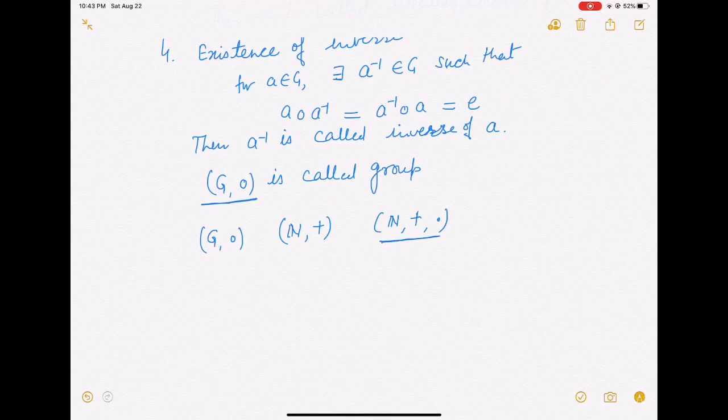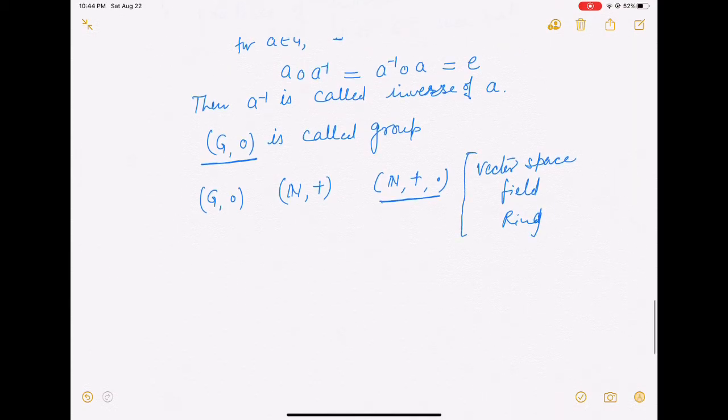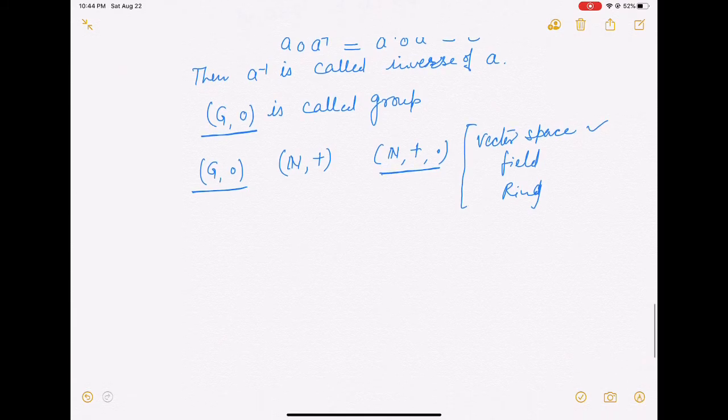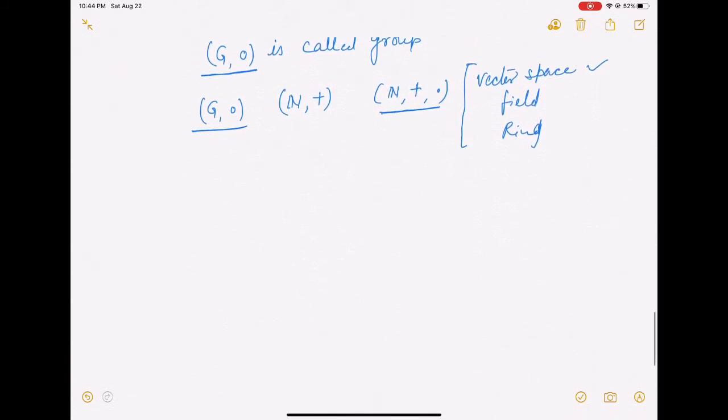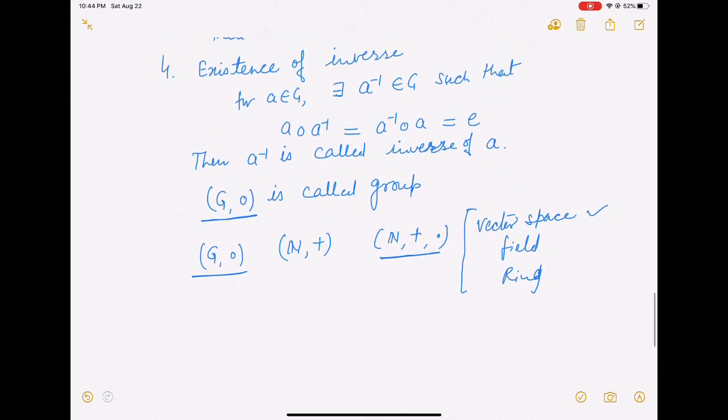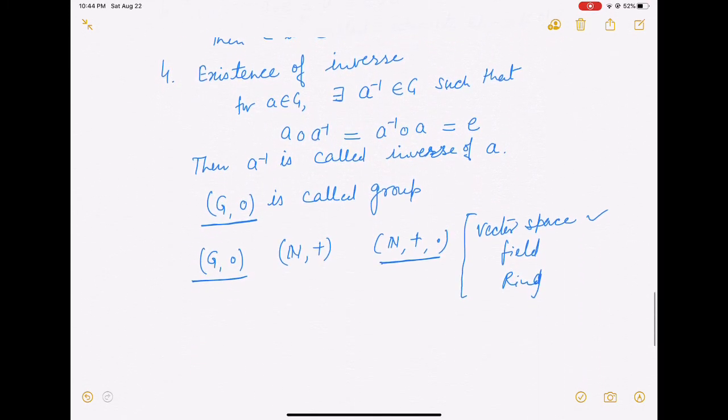This type of structure forms a vector space or field or ring or ideal. After completion of group theory, we study field, ring, and ideals. So this is all about the definition of the group.